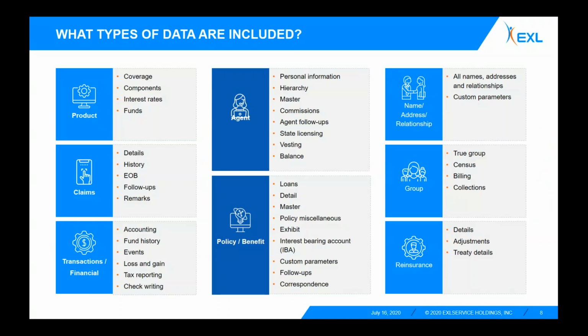In this, what types of data are included? This graphic depicts various groups and sub-details of the data contained in LifePRO today. In the original build of the product, we included data that we considered to be popular for interface and reporting: policy, benefit, name and address, agent.